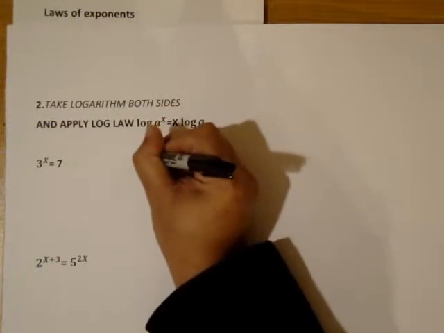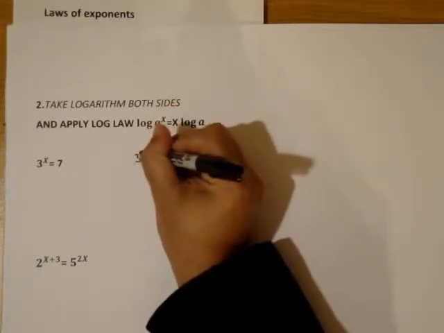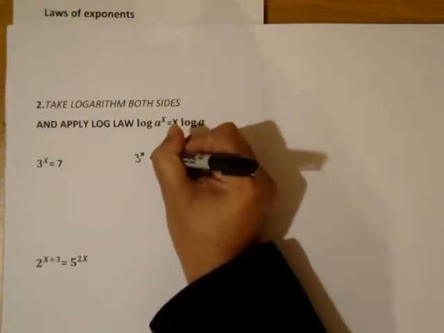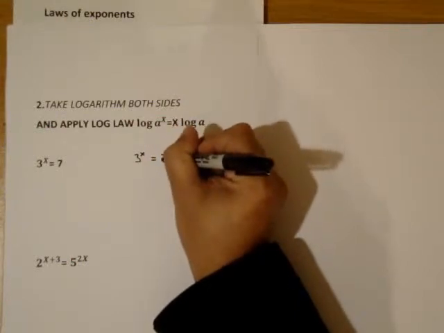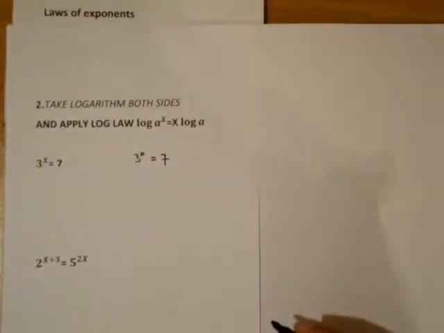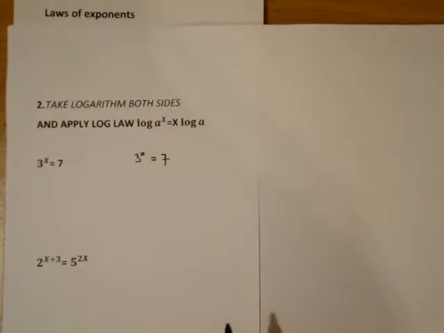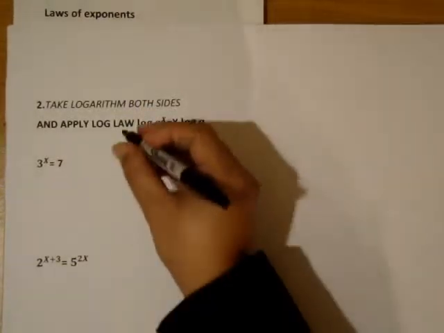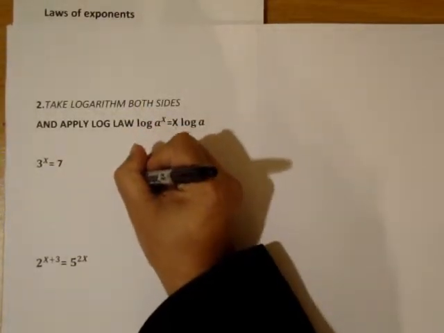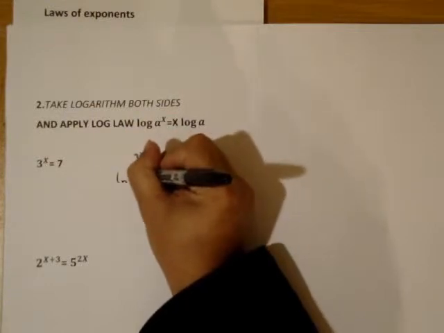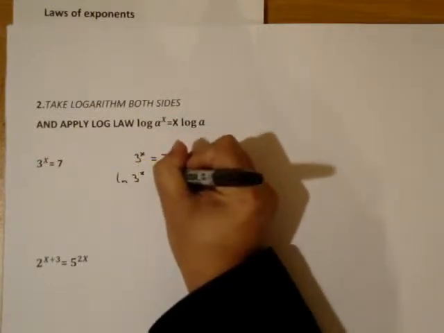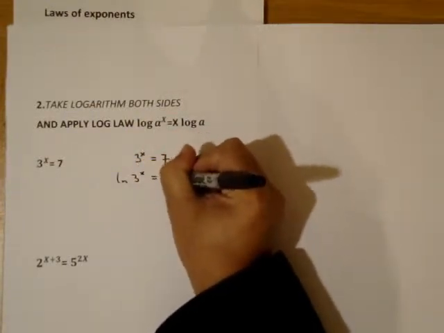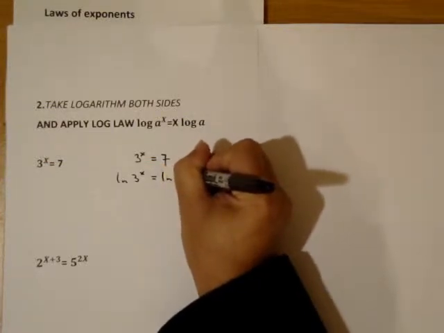3^x equals 7. So we're going to take logs on both sides, or it's easier to take natural logs. So natural log 3^x equals natural log of 7.